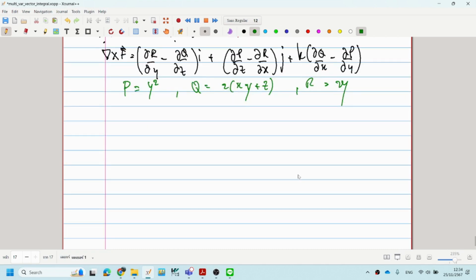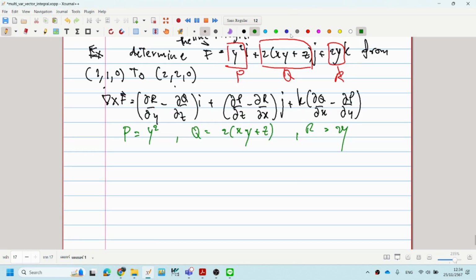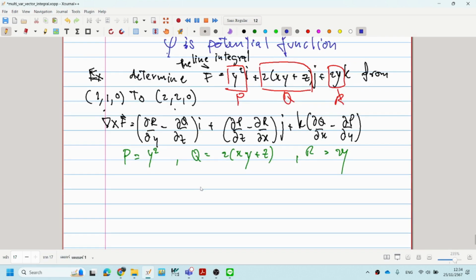Then you differentiate, evaluating the partial derivatives of P and Q with respect to y, and compare with the partial of P by partial z.